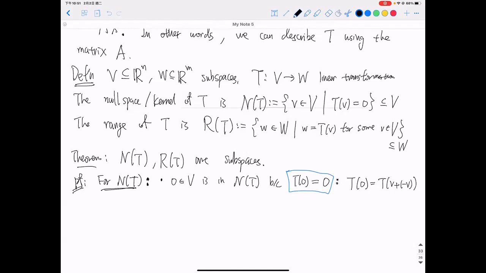V plus its additive inverse is 0. Now, being linear means it's T of V plus T of negative V. Now, we proved this before, that negative V is minus 1 times V. Okay. And now we can pull out this minus 1.